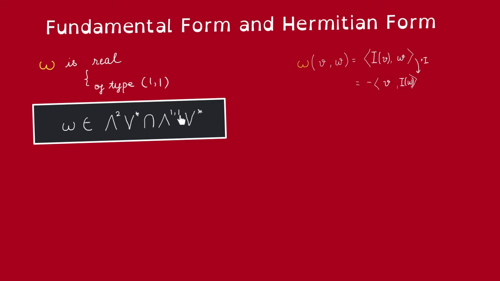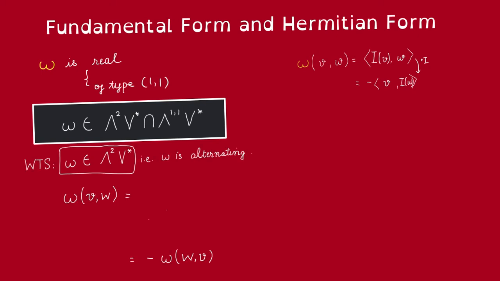Now, let's see why this holds. First, let us check that omega lies in this wedge 2 of V dual. In other words, we need to check that omega is alternating. So let's look at omega(V, W) and let's try to show that it's minus omega(W, V).